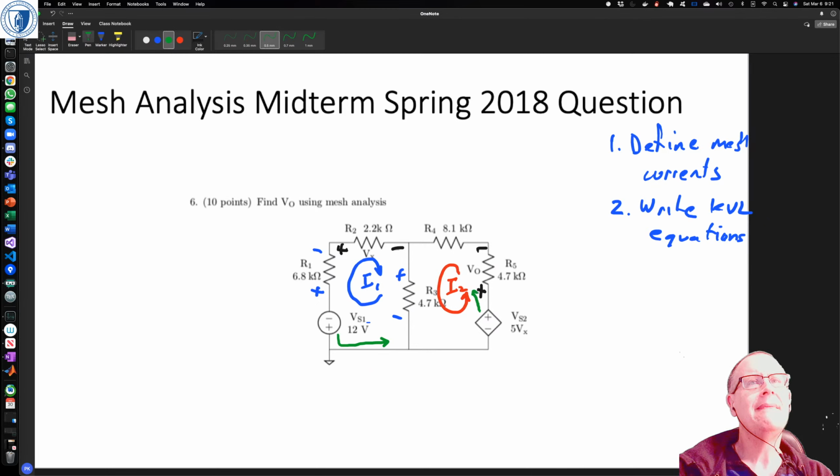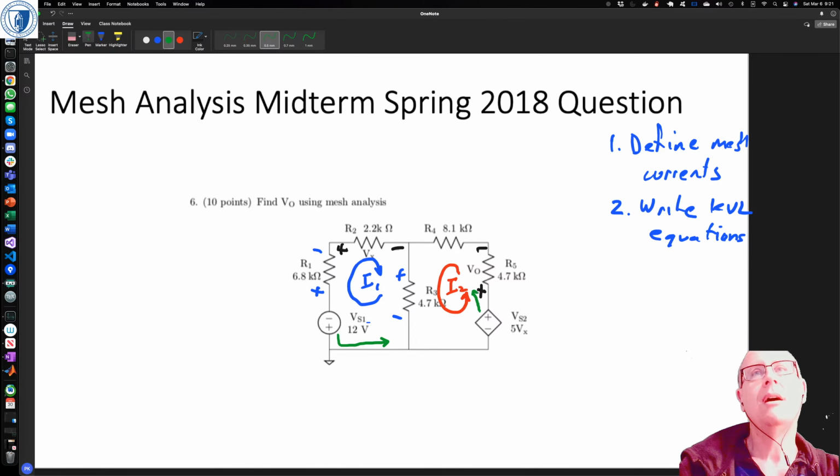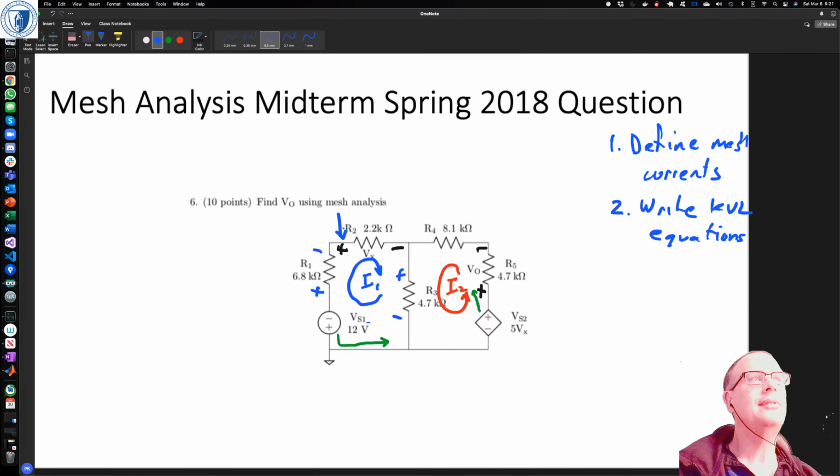I was asking why we chose that orientation for I1. Okay, so the whole reason I chose that orientation for I1 is because we already had that positive sign identified as the polarity of Vx on the circuit before we started.